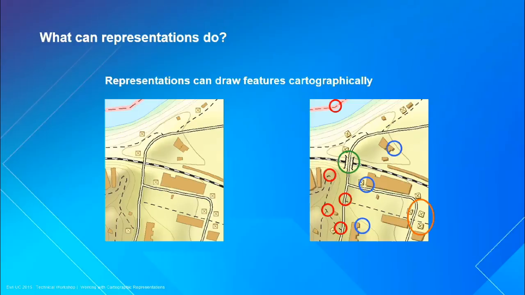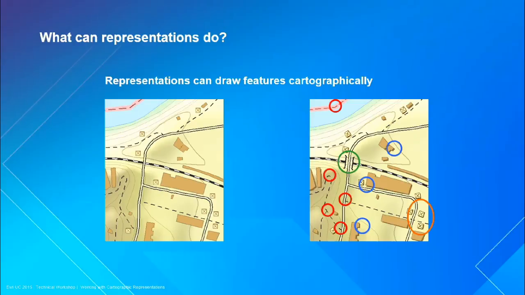In the orange ellipse on the lower right, you can see another aspect of representations where we've been able to set the rotation of point symbols. Those buildings are point symbols, and they're getting their rotation from nearby line features. So we've done that with geoprocessing. We have a geoprocessing component to representations.